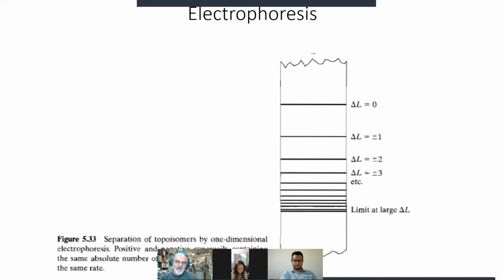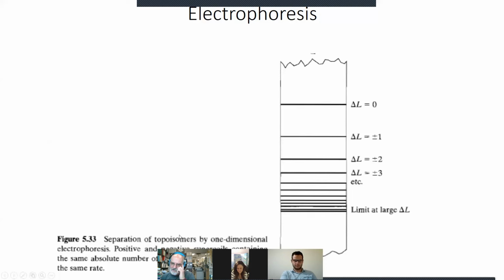The other thing that happens is that DNA can supercoil. And so the supercoiling also creates different sorts of topological problems. And so for DNA, at least, that creates different extents of mobility. Positive or negative supercoiling will potentially have a similar effect, but you will get changes in mobility because of the supercoiling.